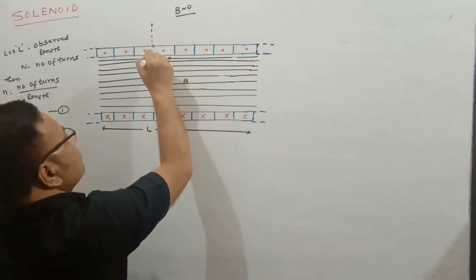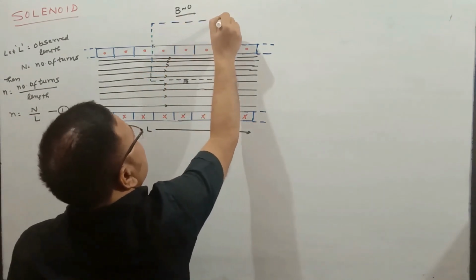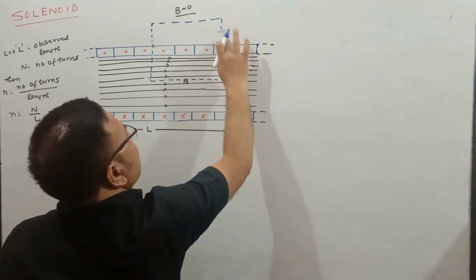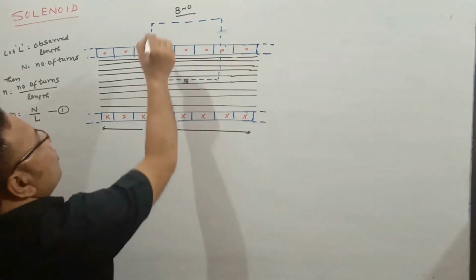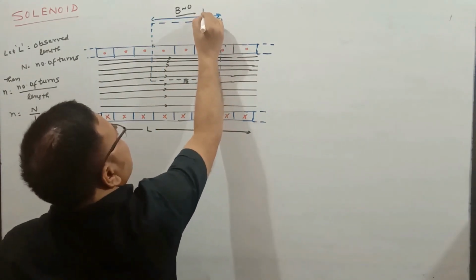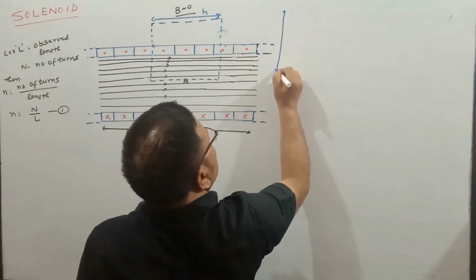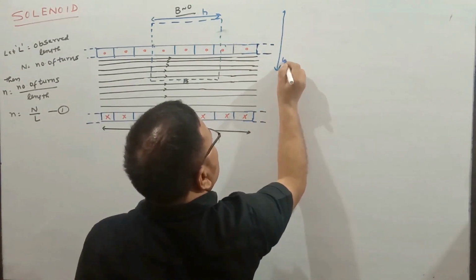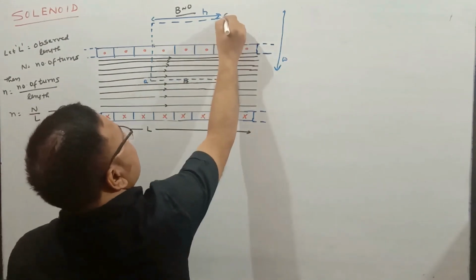So let us try to see this Amperian loop which I am drawing. This Amperian loop is of length, say h, and width, say w. We are naming this Amperian loop A, B, C, D.